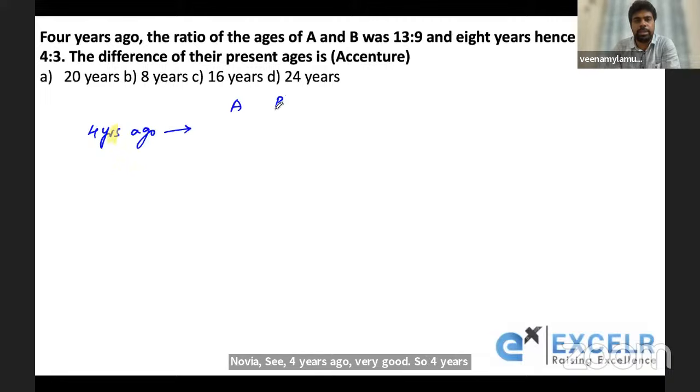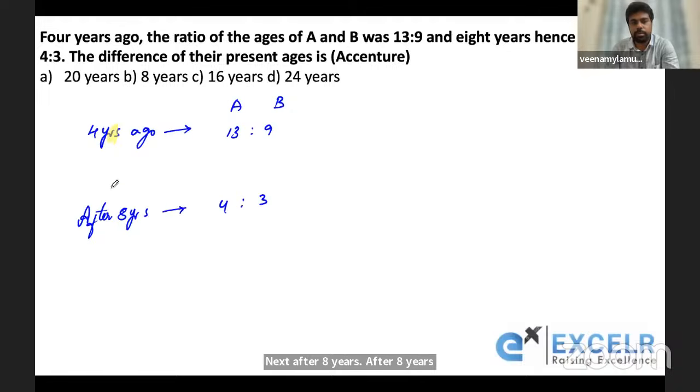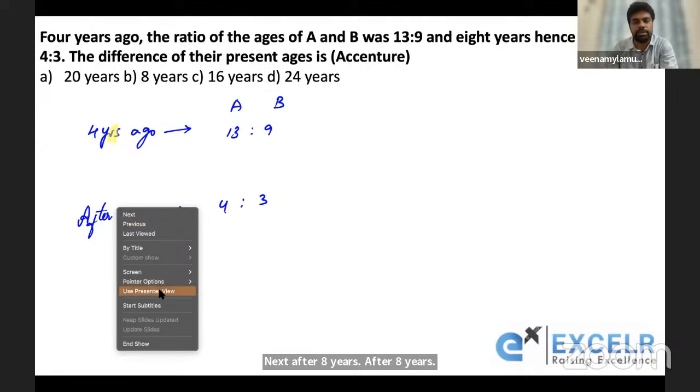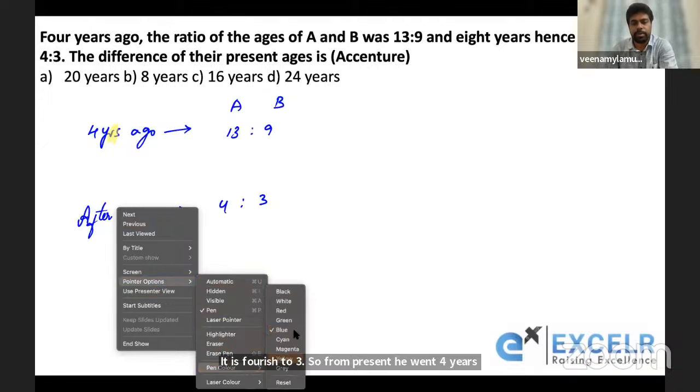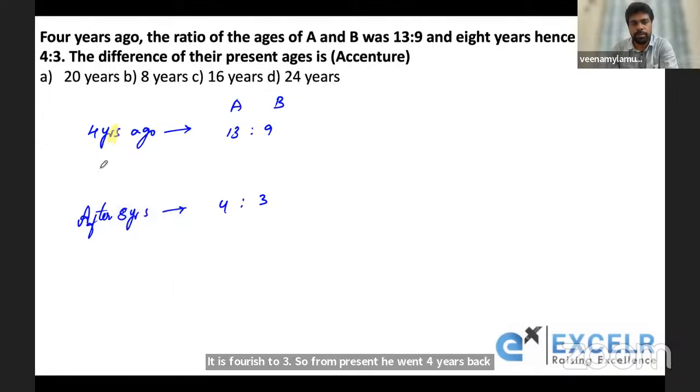the ratio of A and B ages is 13:9. Next, after 8 years, it is 4:3. So from present, he went 4 years back, -4. Here +8.